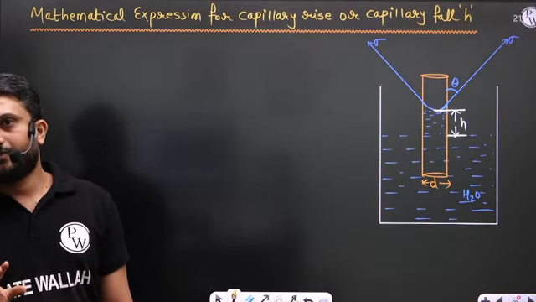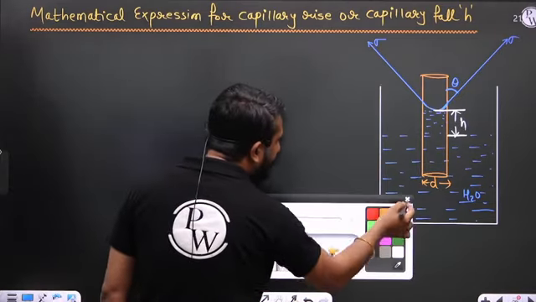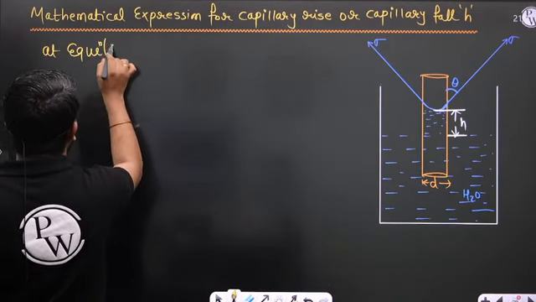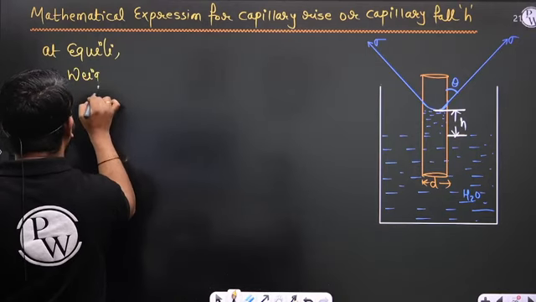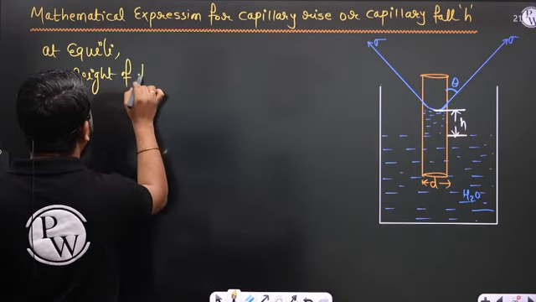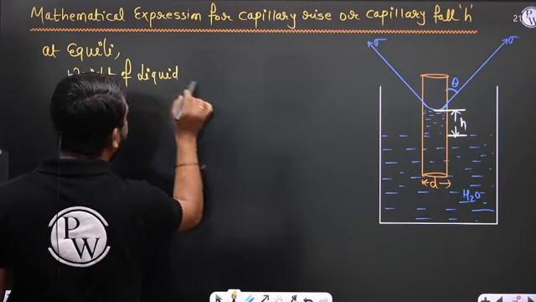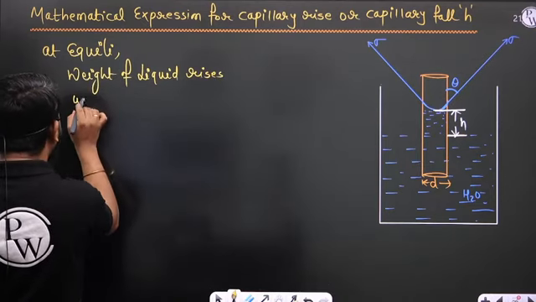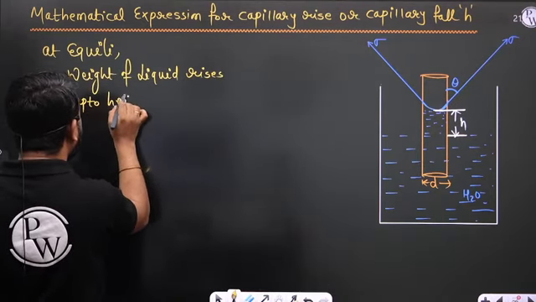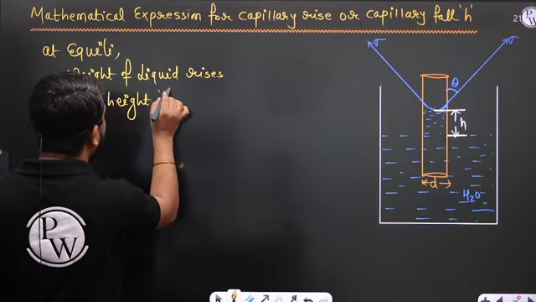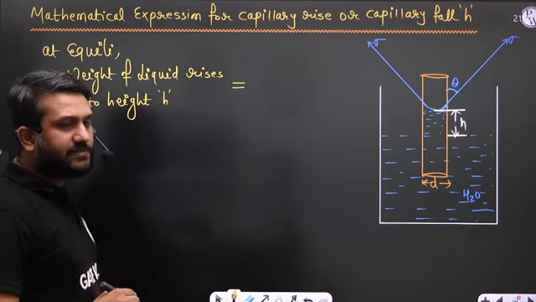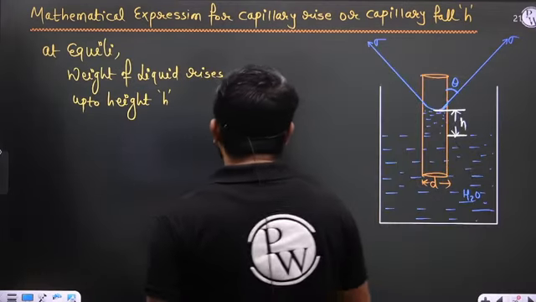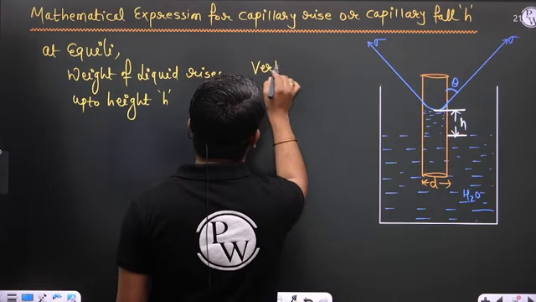At equilibrium condition, the weight of the liquid that rises up to height H is balanced by the vertical component of the surface tension force.